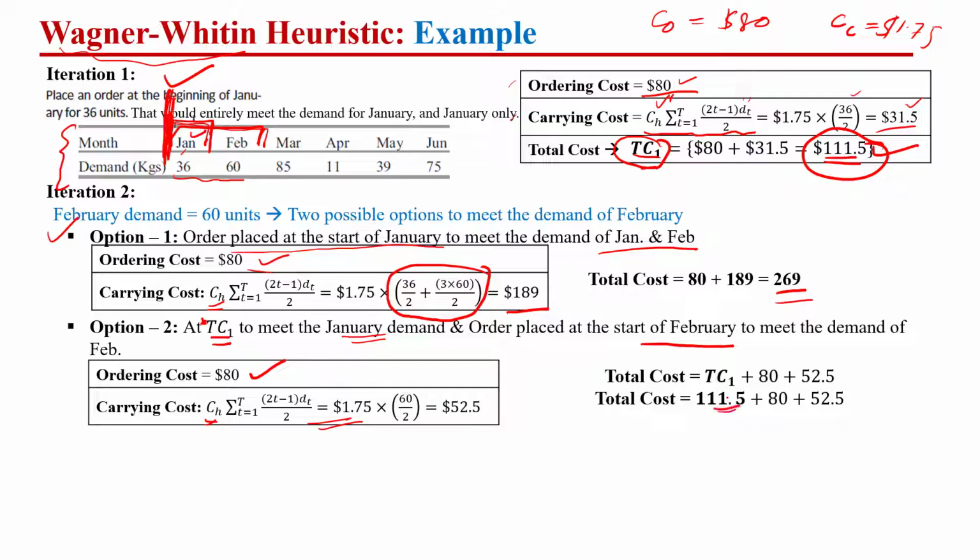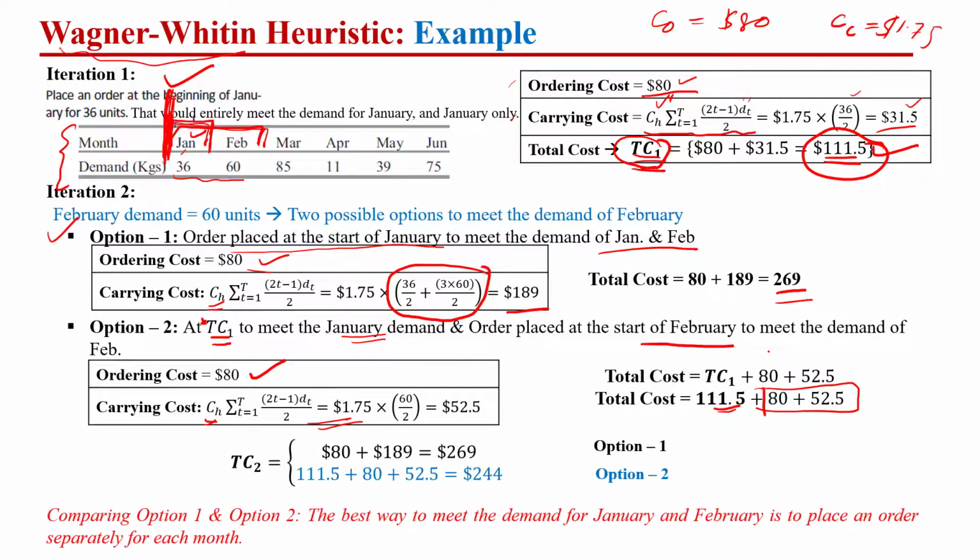So TC1, that is basically the optimum total cost in iteration number one, plus the month of February total cost. Okay, so against option number one, the total cost is 269. Against option number two, the total cost is 244. Okay, which is basically TC1 plus this 80 plus this one, right?